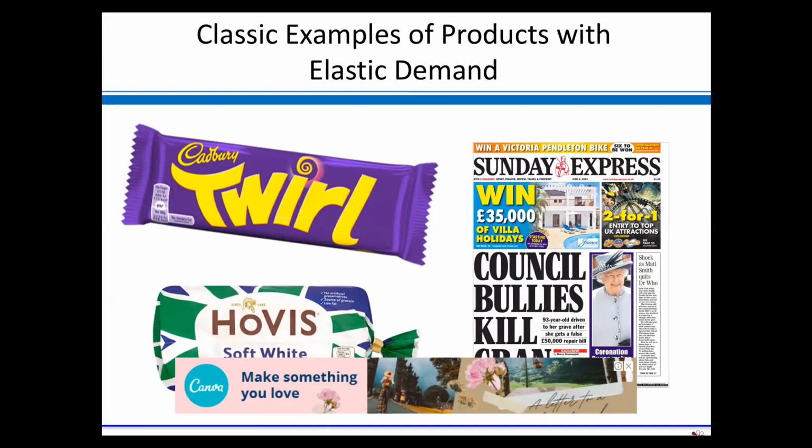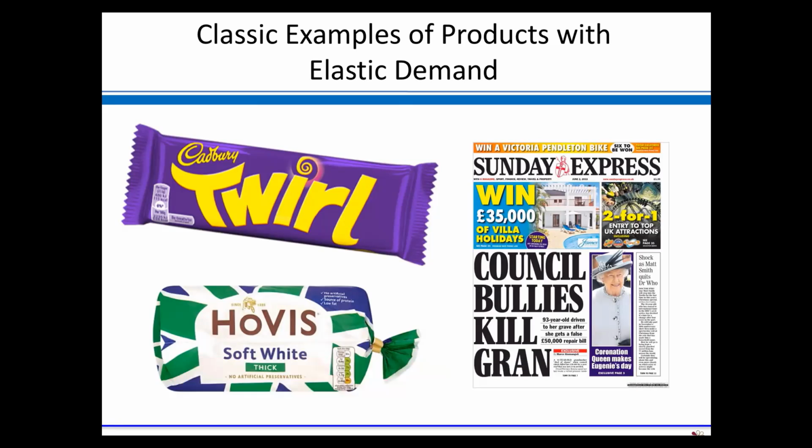Similarly, if Hovis bread increased its prices by 30%, I'd be straight into the aisle where Warburton's or Tesco's or Waitrose own brand bread was on display, and I'd be looking for a slightly cheaper alternative, unless I was so loyal to Hovis that I accepted whatever price they charged. And the same thing with newspapers. That's why you often find newspapers engaged in price wars, because customers are very sensitive to the price they're paying for their daily news.